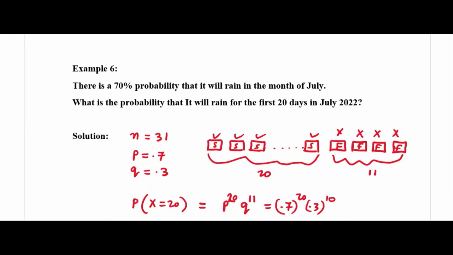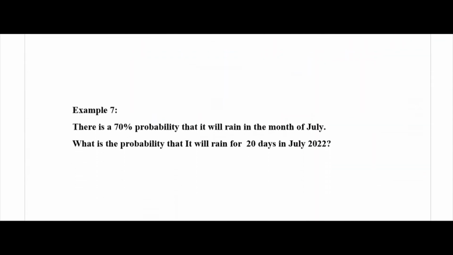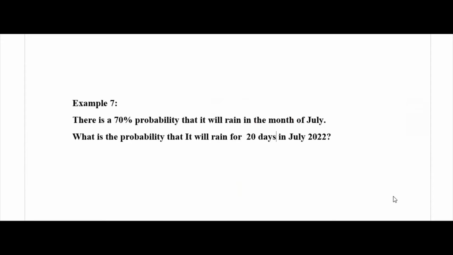This is a problem so that you will know when you need to use the combination factor. Now come here. All the things are same, but here it will rain for 20 days in July. Any 20 days, not necessarily the first 20 or the last 20. Maybe it will not rain for the first 2 days, then it will rain, then it will not rain.